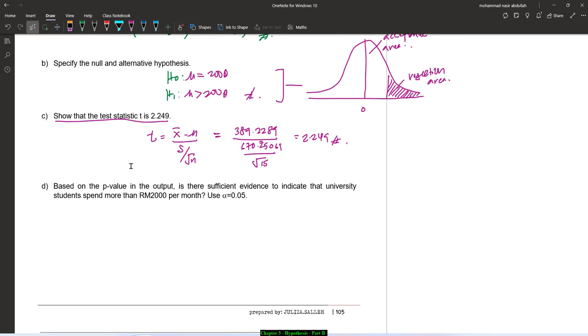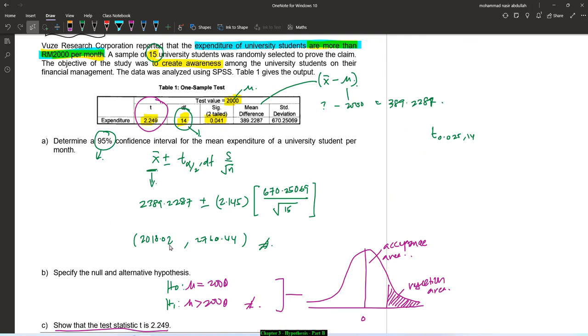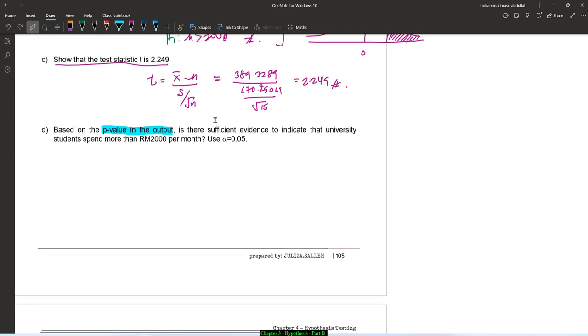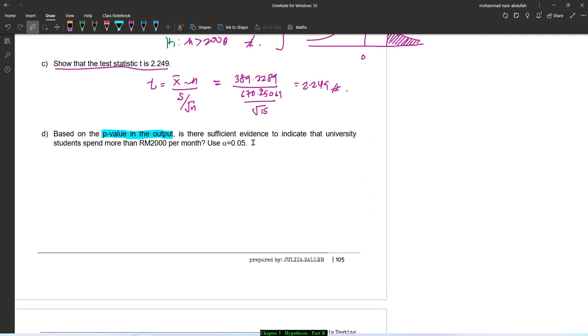The last question is based on the p-value in the output. When it says based on the p-value, it means you need to use the p-value. Don't use the critical region. Is there sufficient evidence to indicate that the students spend more than 2,000 per month? Use alpha 0.05.